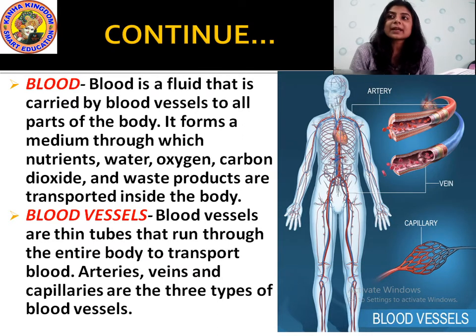So, blood is a fluid that is carried by blood vessels to all parts of the body. And how is this blood carried to all parts of the body? This blood is carried by the blood vessels. Okay?